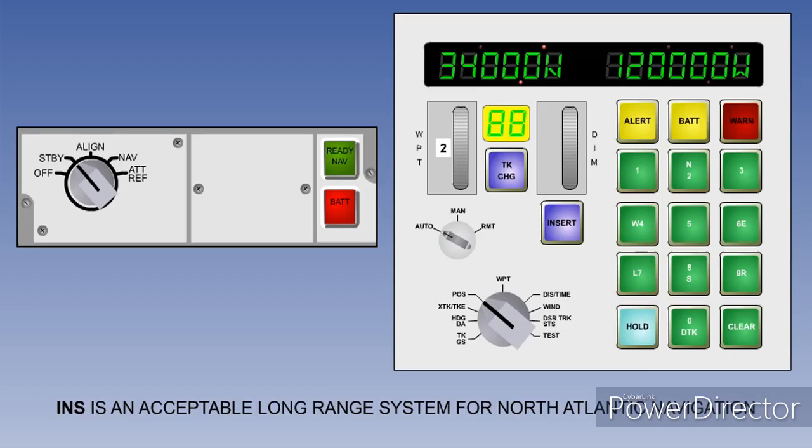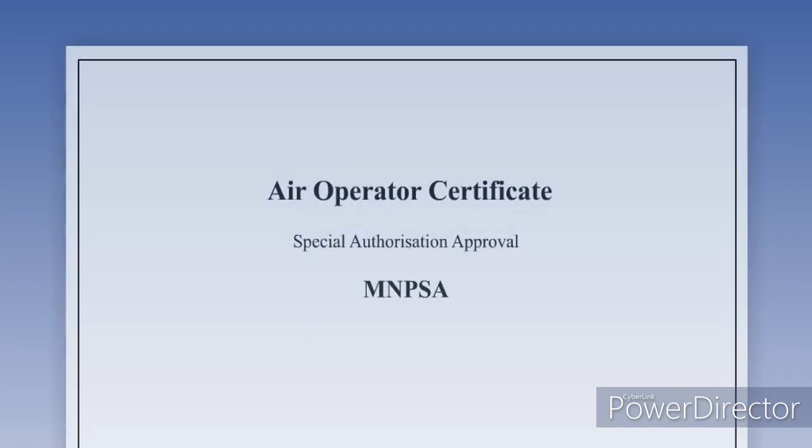The inertial navigation system is an example of an acceptable long-range navigation system for use on the North Atlantic. Operators who require to fly aircraft in the MNPSA need to have their Air Operator's Certificate, or AOC, annotated to certify that their aircraft equipment and the crew procedures comply with the strict regulations of the MNPSA.